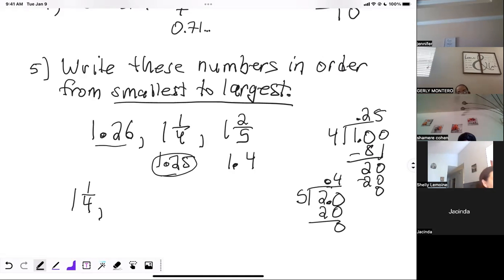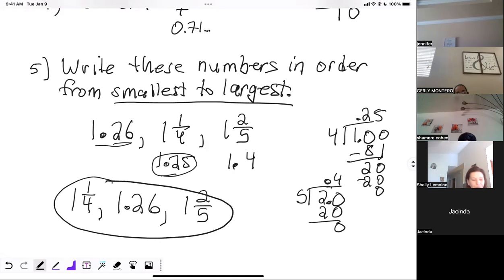Then it'd be this one, which is 1.26. And then the last one, 1 2/5, would be the largest. So when you see them, just put them in decimal form and you can compare them by decimal form.